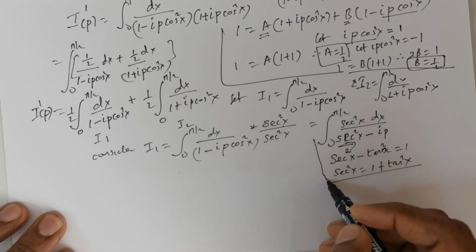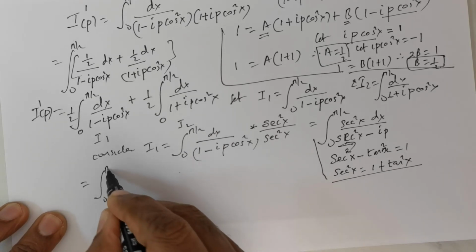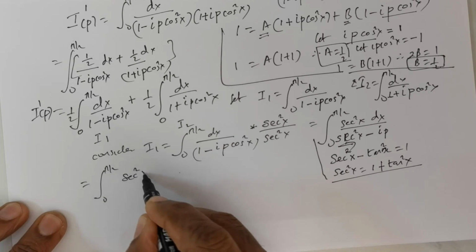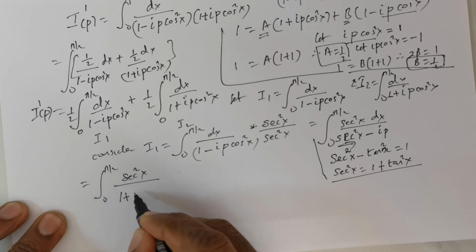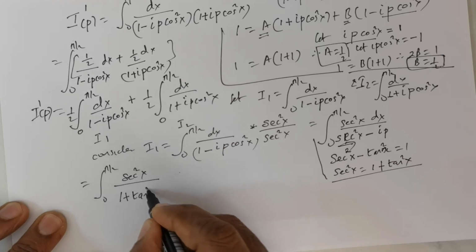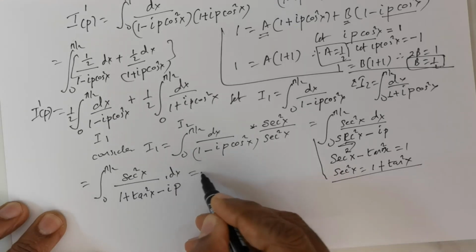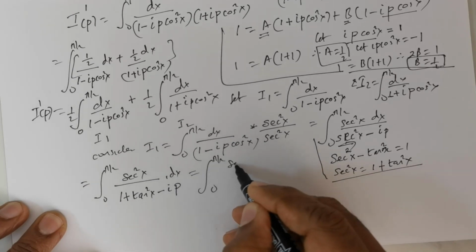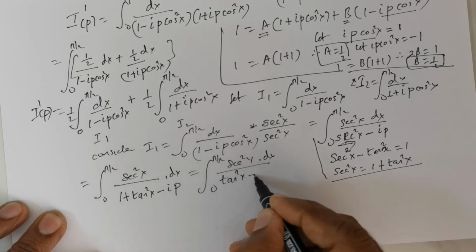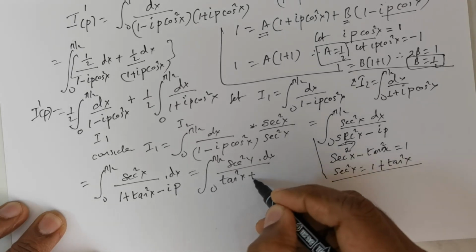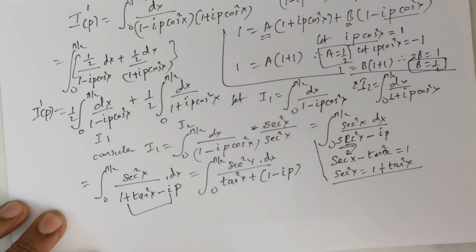So this is equal to, on the left you have I1, so it doesn't matter, 0 to pi over 2, in place of secant, you retain secant squared x as it is, but in the denominator you substitute it with 1 plus tan squared x minus i times p times dx. So rewrite this. This is 0 to pi over 2 secant squared x times dx over tan squared x, you don't have to put negative, just place positive, just club these two together, it's going to be 1 minus i times p. So this is a beautiful value.